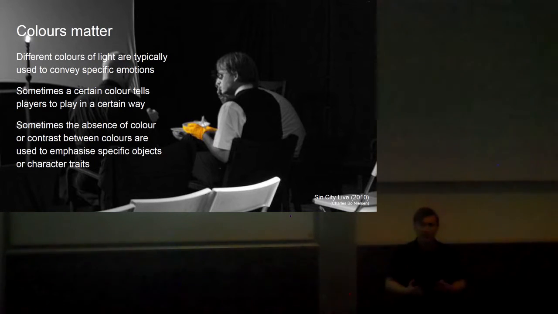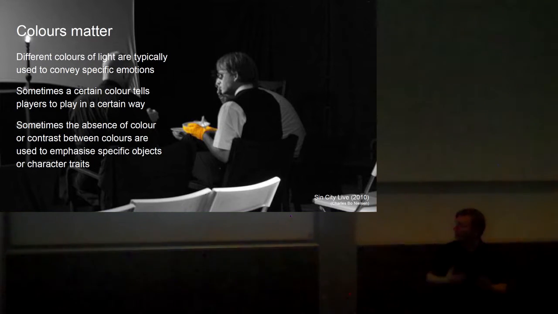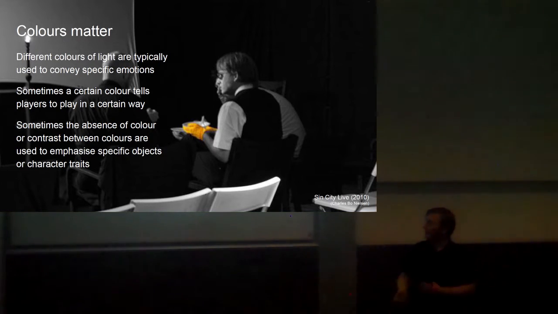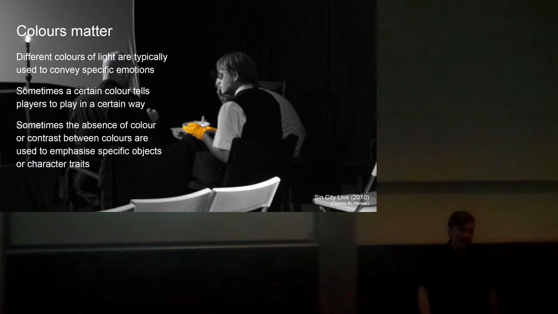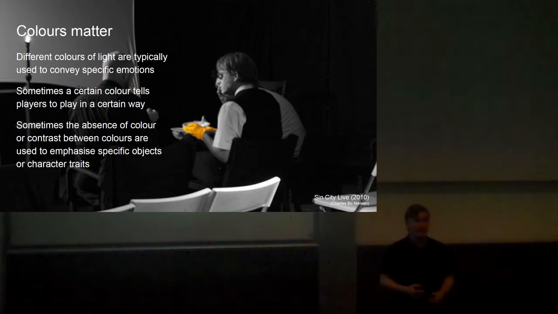And even sometimes the absence of color or contrast between colors are used to emphasize something specific, as in this picture here. So colored lights is something that we play around with a lot.